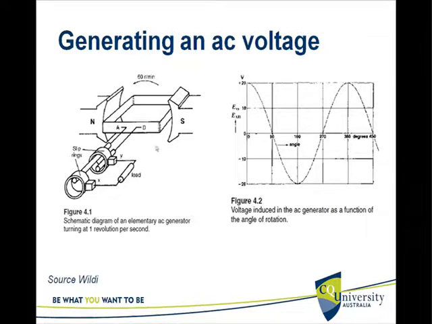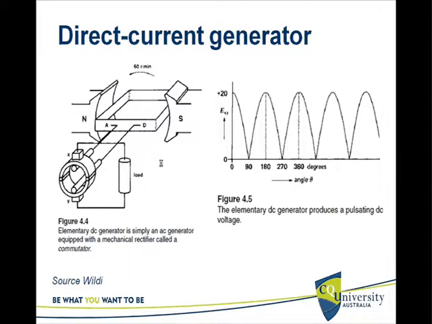This system can generate a sinusoidal signal. But how could we make it DC, or direct current? This is what we do. Instead of the continuous slip rings, we get the two terminals of the winding, and instead of the two continuous slip rings, we make two halves of slip rings.